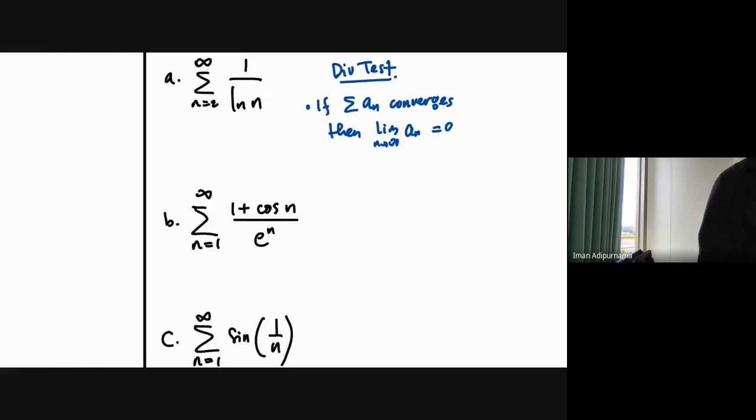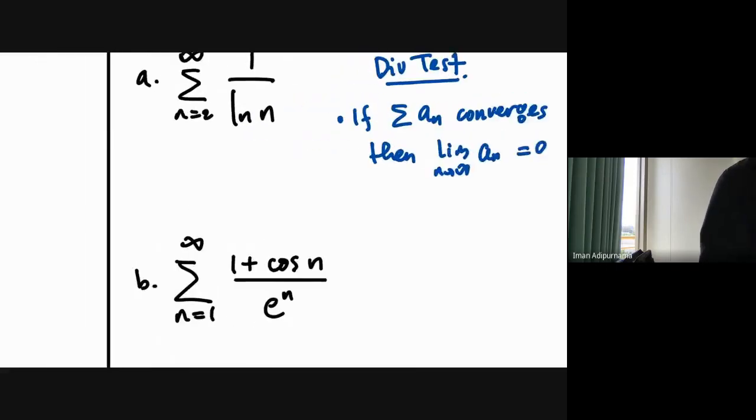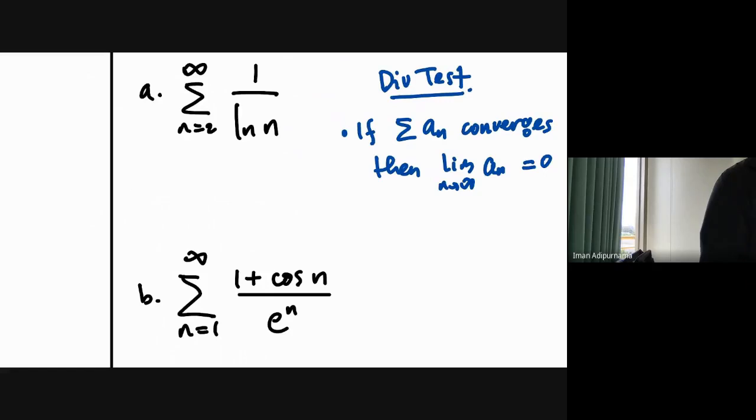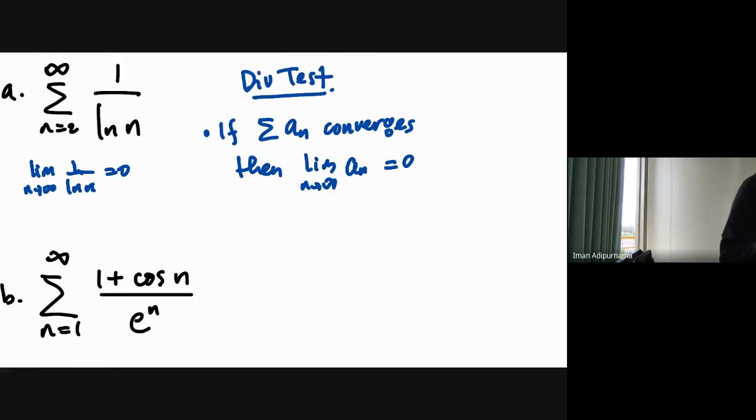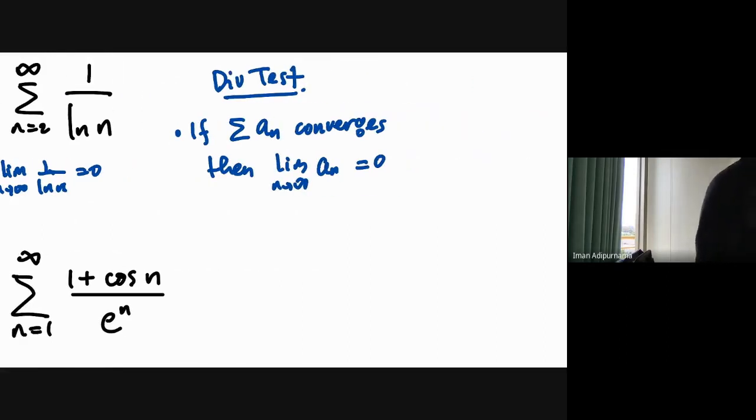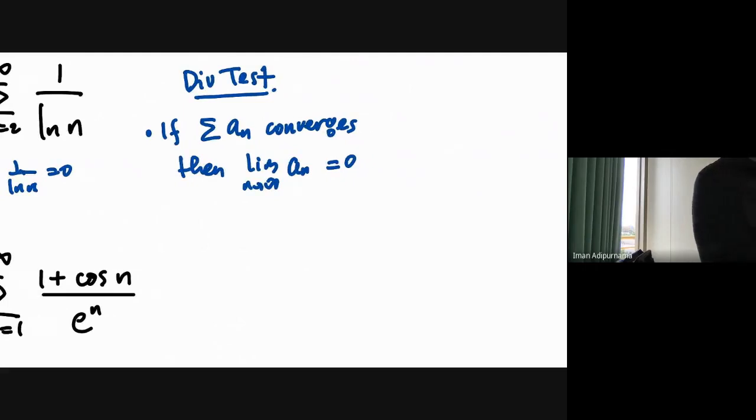If you are looking at this series, maybe you will conclude that the limit is 0, right? But actually, the divergence test says that if the series converges, then the limit is 0.